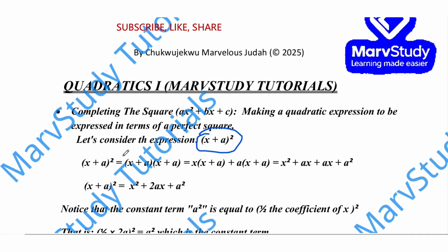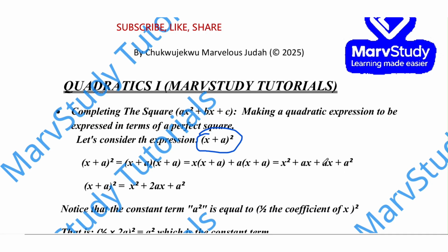On expansion, x plus a all squared, just like 3 squared is the same as 3 times 3, is x plus a times x plus a. We multiply: x times x gives x squared, x times a gives ax, a times x gives ax, and a times a gives a squared.